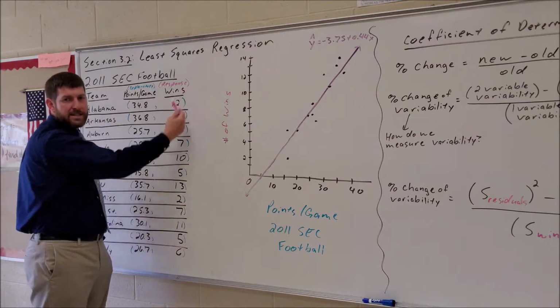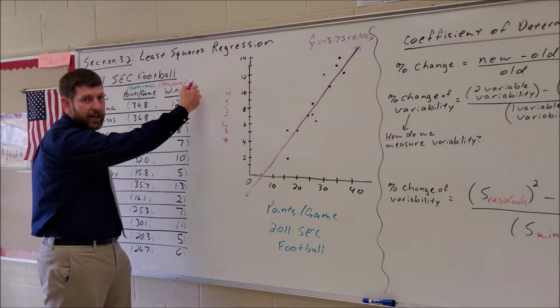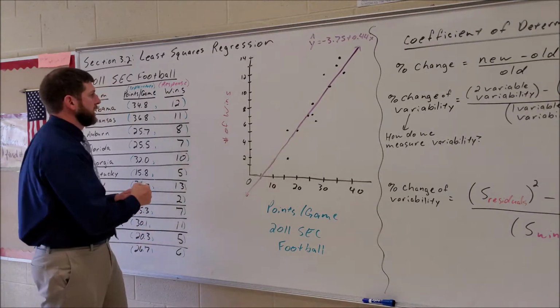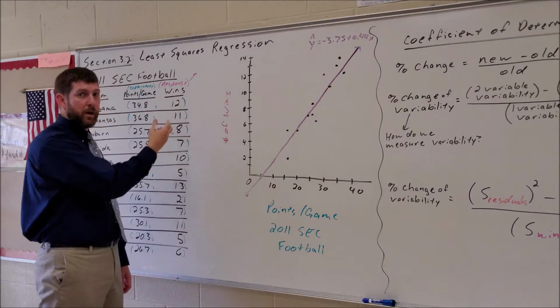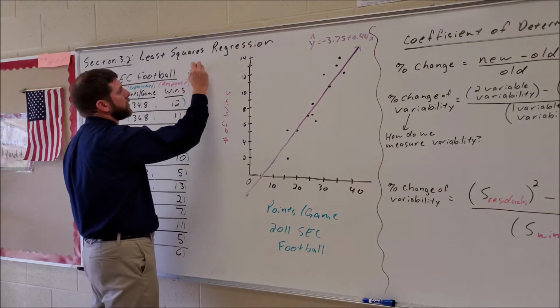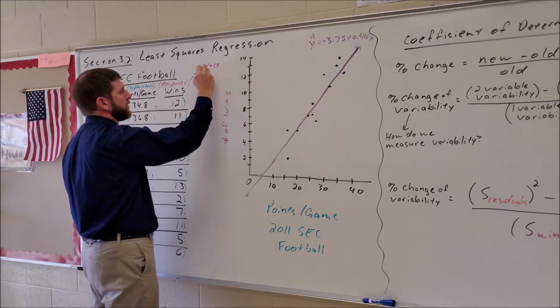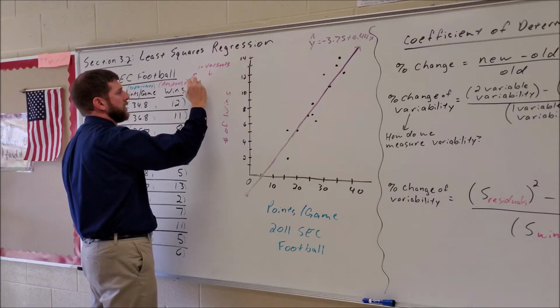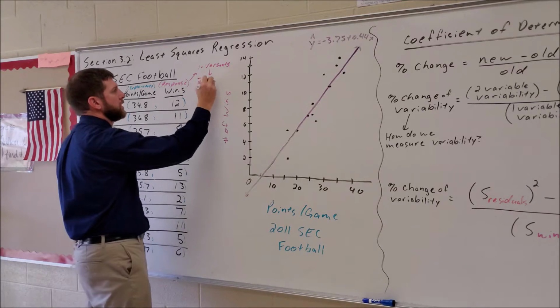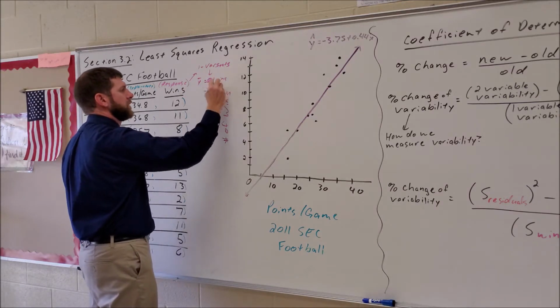So I've got my data sitting in L2, and I can just go to one-var stats and spit out x-bar. In this case it would be my y-bar, but you get the idea. So with one-var stats, we can see that the mean, y-bar, is 8.1 wins.